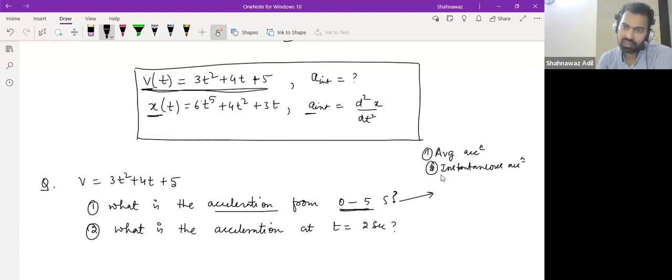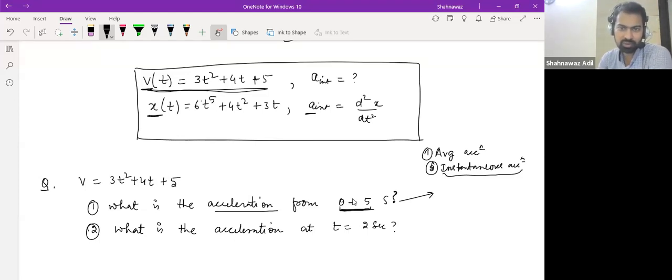For instantaneous, they ask about the acceleration at a particular time. But this is about a journey from 0 to 5 seconds. So it is average acceleration.